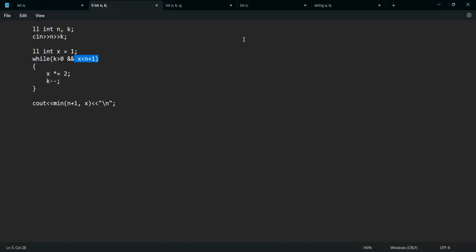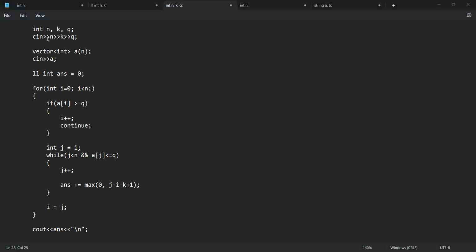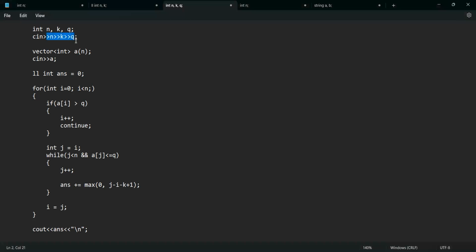Okay, so let's look at the code for the third problem. I'm taking N, K, Q as input. Then I'm taking my vector A as input. For each I, if A of I is more than Q, I'll simply increment I and continue.